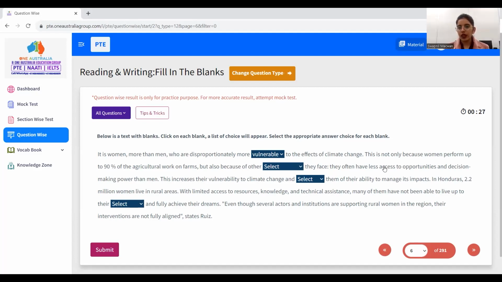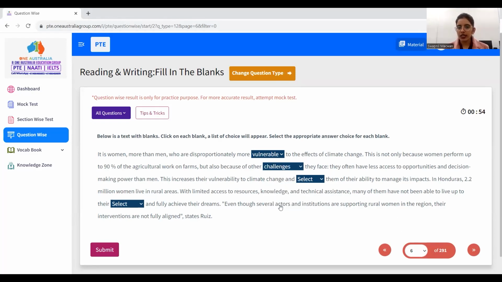Next, this is not only because women perform 90% of agriculture work on farms, but also because of other dash they face. What can women face? They can face some problems, some difficulties. So the related word is challenges.